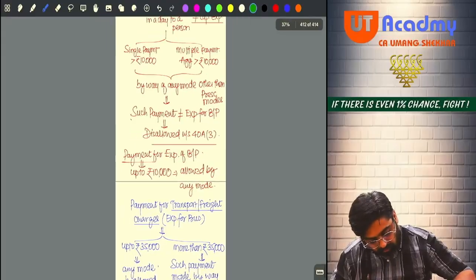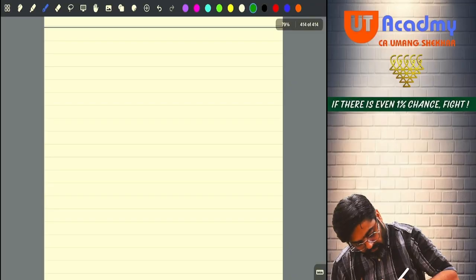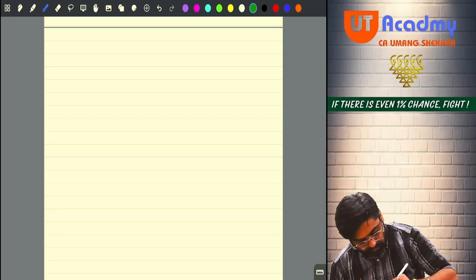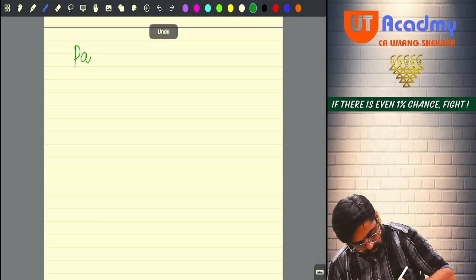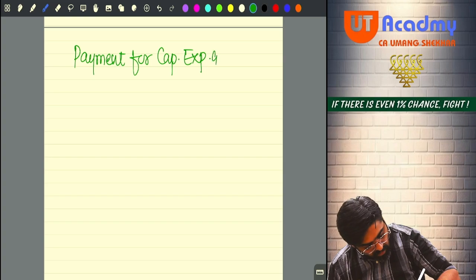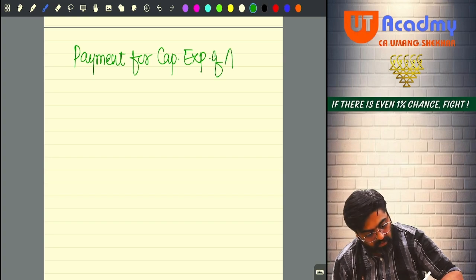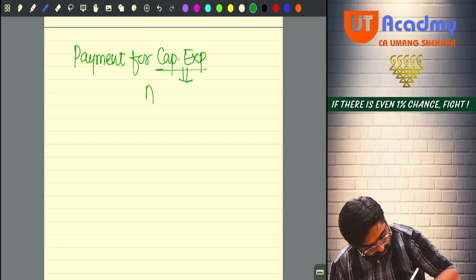So to conclude, payment for capital expenditure. Capital expenditure means the actual cost of the asset.